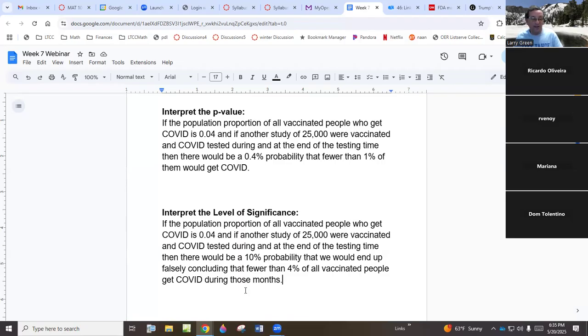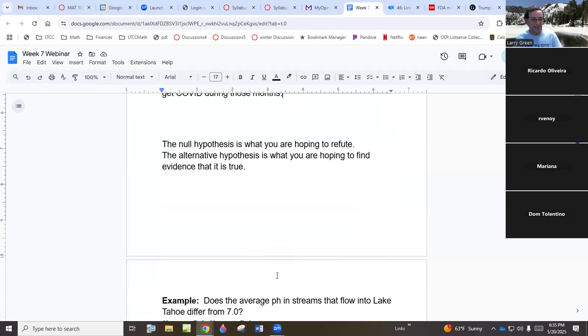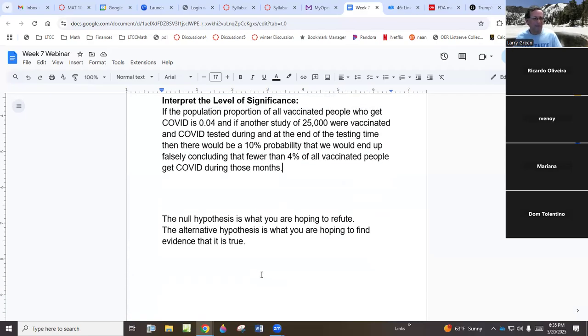Note that this is very important, this is all about COVID and testing and all that stuff. Don't just do what I'm about to show you in a little bit. Just note that the null hypothesis is what you're hoping to refute. The alternative is what you're hoping to find evidence that is true.